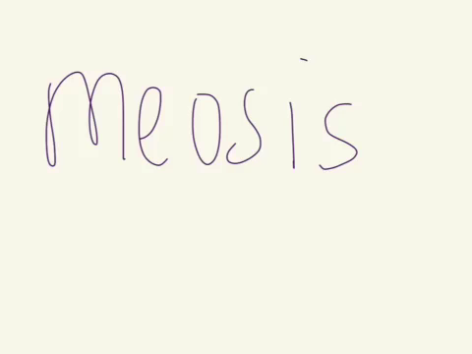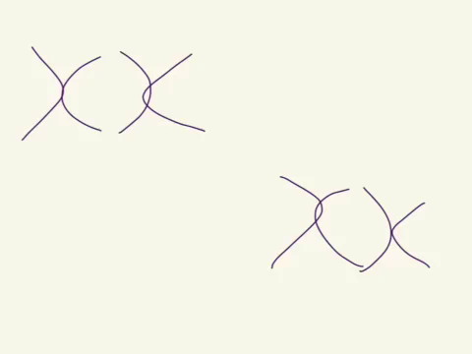A homologous chromosome is where one chromatid is an A and the other chromatid is a B, which makes them similar but not identical, because in meiosis there are basically two sister chromatid pairs, one pair of A's and the other pair of B's. But because there's one A and one B right next to each other, it's called a homologous chromosome.